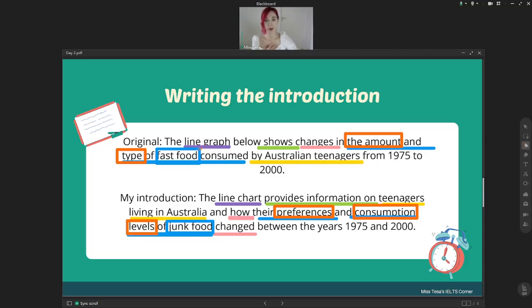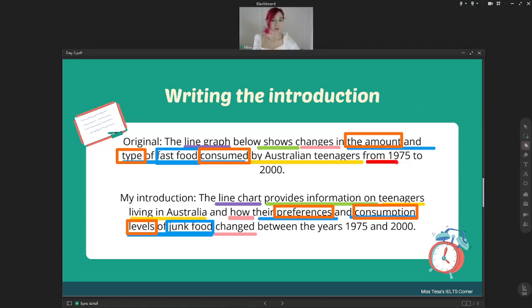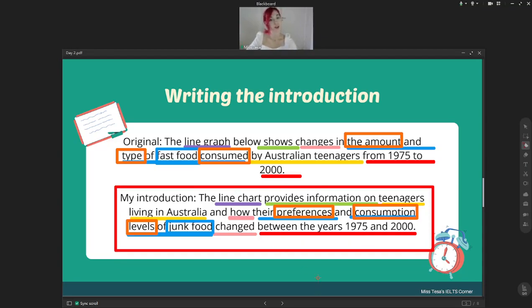Okay, they said the amount consumed. I say the consumption levels. And finally, they said from 1975 to 2000, I decided to say between the years 1975 and 2000. Okay? So, in the end, I have my introduction like this.